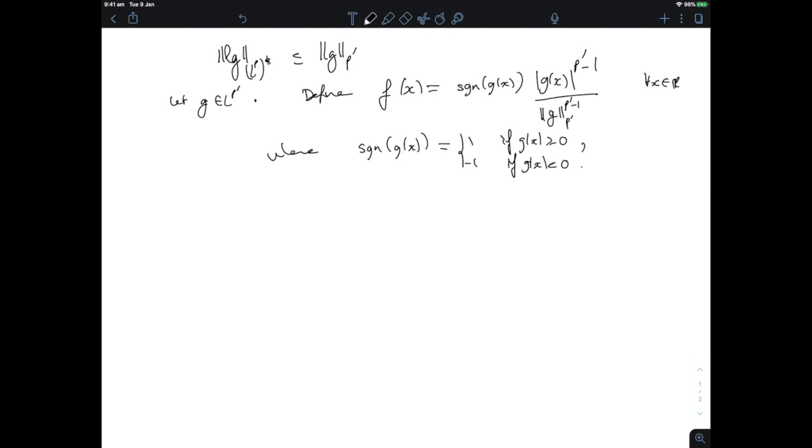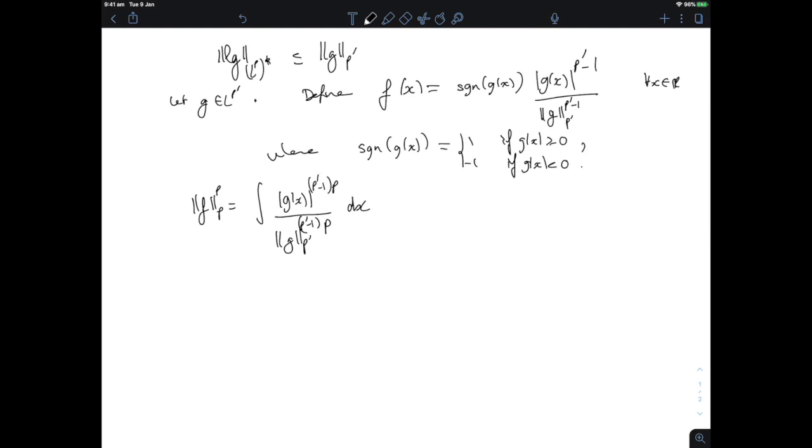So let's do that. First of all, the L^p norm of f, now what is that? Let's raise that to the p. This is going to be equal to |g of x| raised to the power (p prime minus 1) times p, divided by the norm of g in L^p prime raised to the power (p prime minus 1) times p. But what is (p prime minus 1) times p?